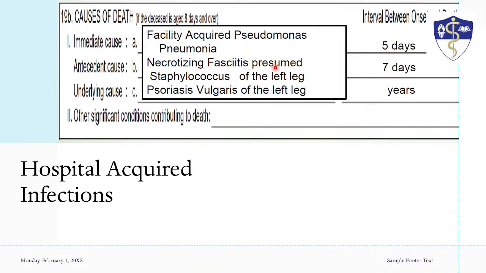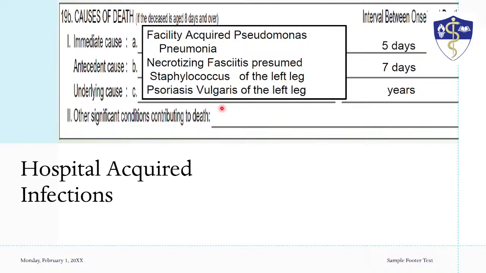They place a text box saying immediate cause: facility acquired Pseudomonas pneumonia, or it can be written as hospital acquired Pseudomonas pneumonia. Then necrotizing fasciitis, presumed Staphylococcus of the left leg, and psoriasis vulgaris of the left leg as the underlying cause.